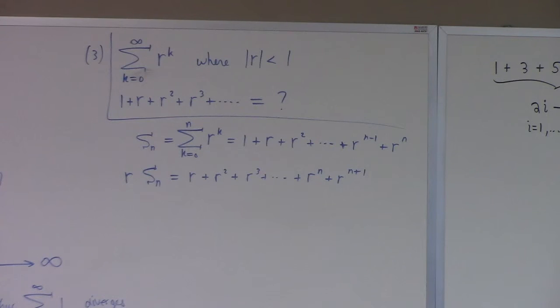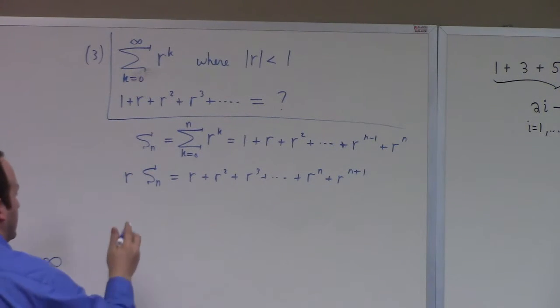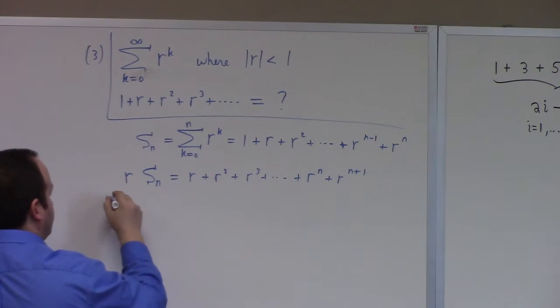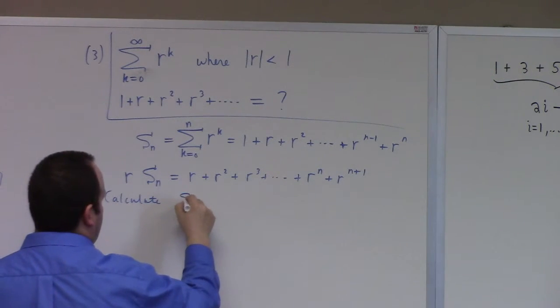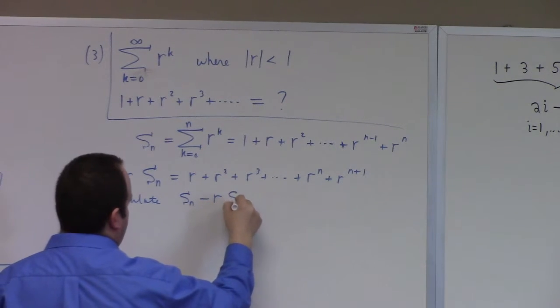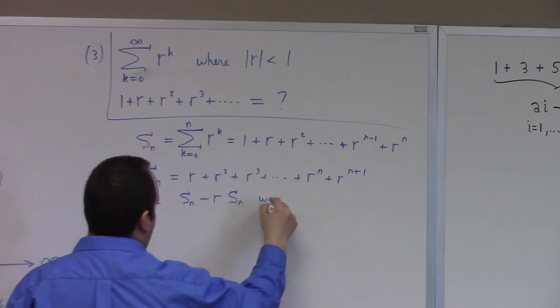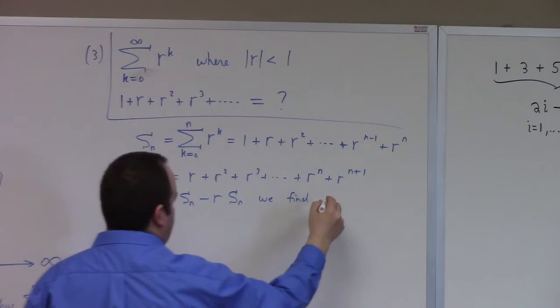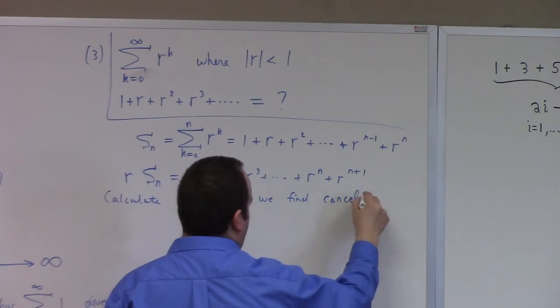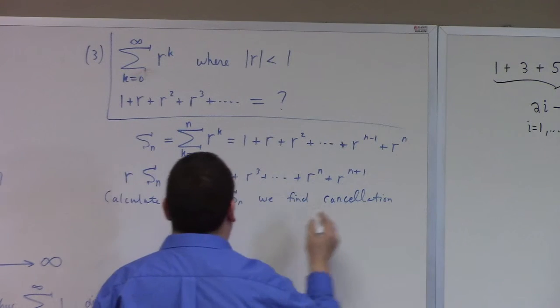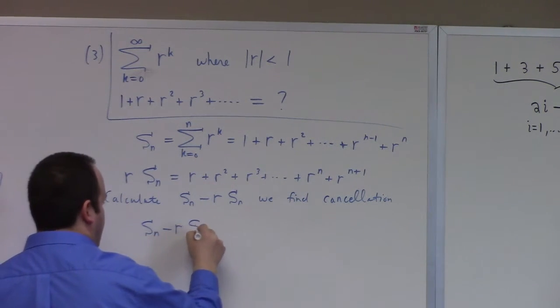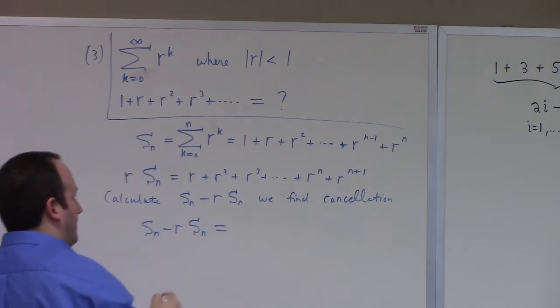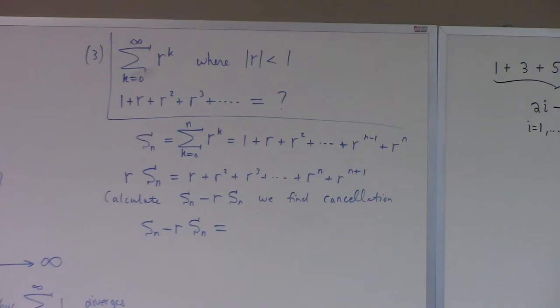And then what do we do? Calculate the difference. If we take Sn minus r times Sn, what does it give us? Lots of cancellation, right? So we end up with Sn minus r times Sn equals to what? Let me illustrate the cancellations in the step above.